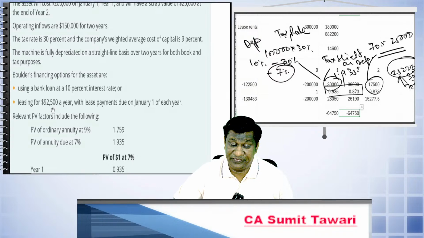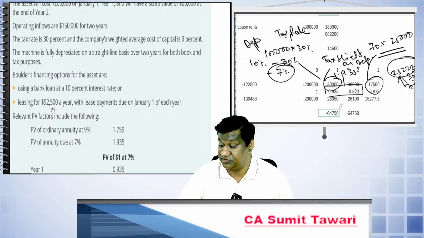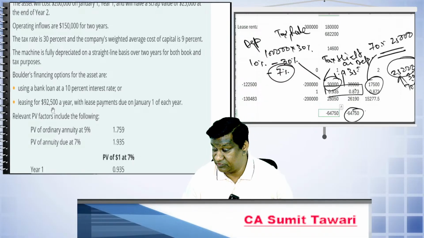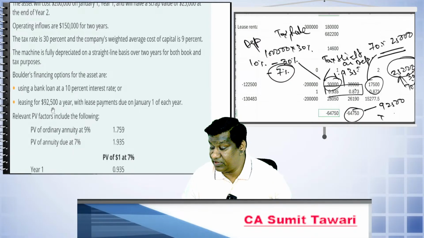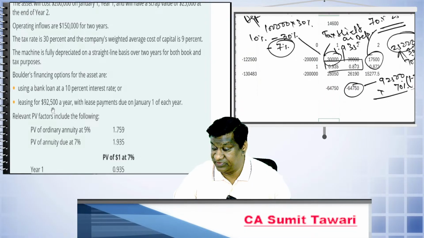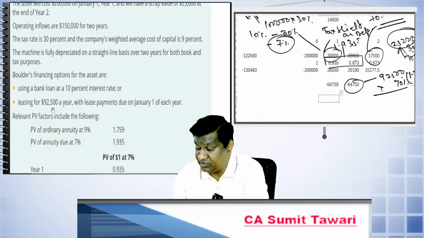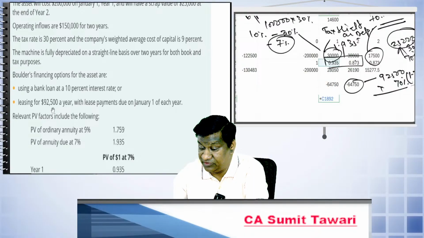And 30% I can get the benefit, so I need to consider the 70% only. This amount I calculated: 92,500 multiplied by 70%, which is basically 1 minus 30%, which is 64,750. Again, the discounting rate is 0.935 and 0.873.